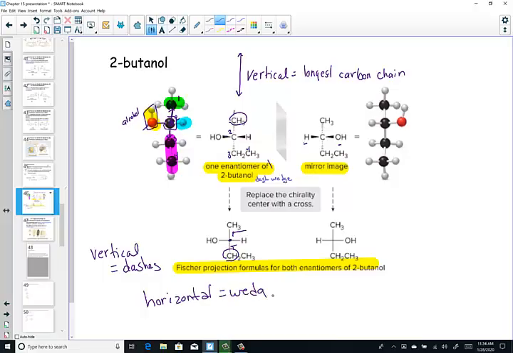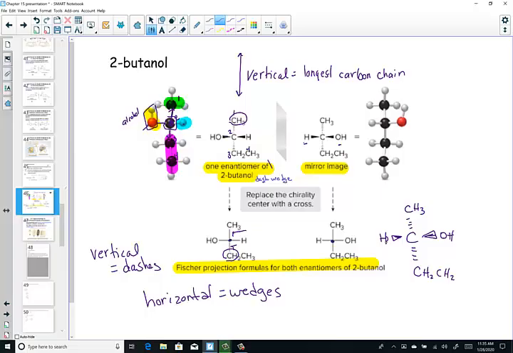They're coming out hugging you from the page. So when I think about what that means, if I were to redraw this chiral carbon, going behind the page is the methyl. Going behind the page is the ethyl. Coming out of the page toward me is a hydroxyl and the hydrogen.